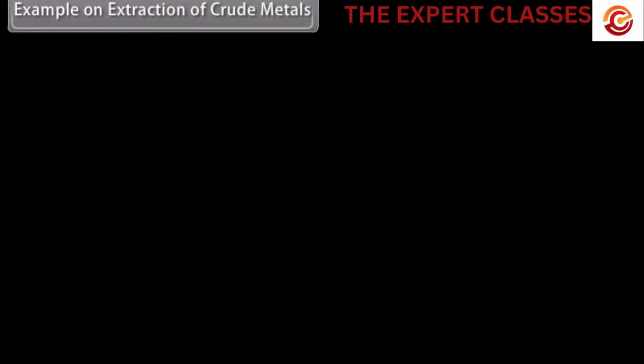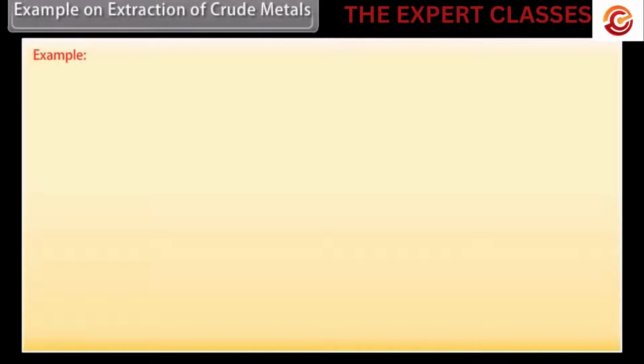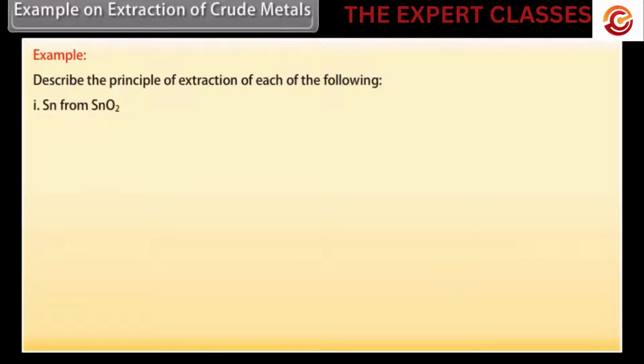Example on extraction of crude metals. Let's take an example on extraction of crude metals. Describe the principle of extraction of each of the following: Sn from SnO2, Zn from ZnO, Cr from Cr2O3. Let's see the solution.